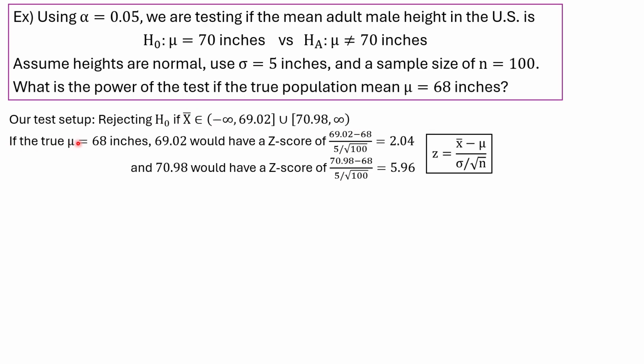If the true mean were 68 inches, 69.02 as the sample mean with 100 people would have a z-score of 69.02 minus 68 all over 5 over root 100, which is 2.04. And similarly, 70.98 as the sample mean would have a z-score, if the true mean were 68, of 5.96. That's extraordinarily high.